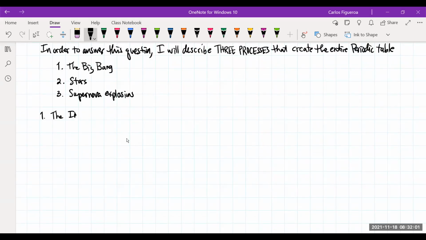The inflationary Big Bang nucleosynthesis. I think I'm spelling this right. Nope, not like that. Okay.